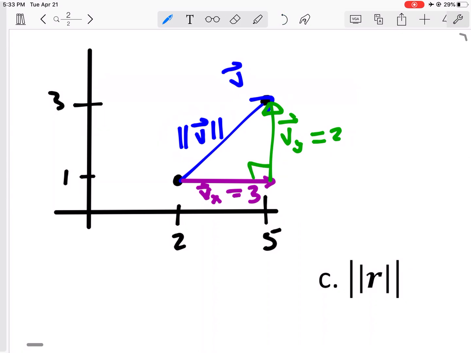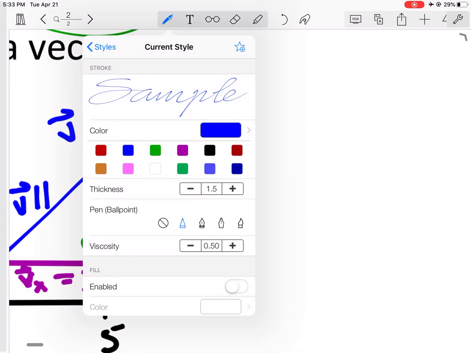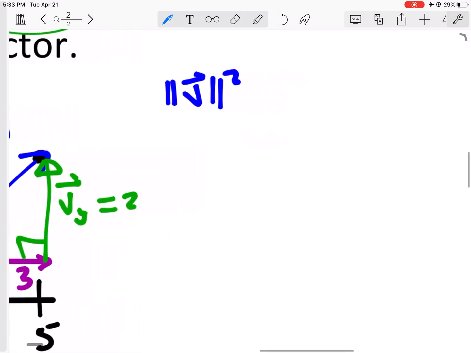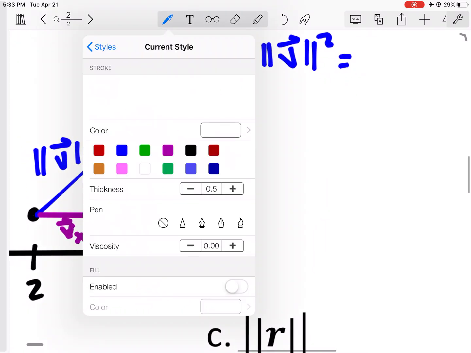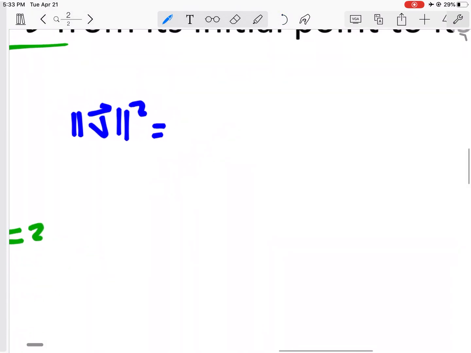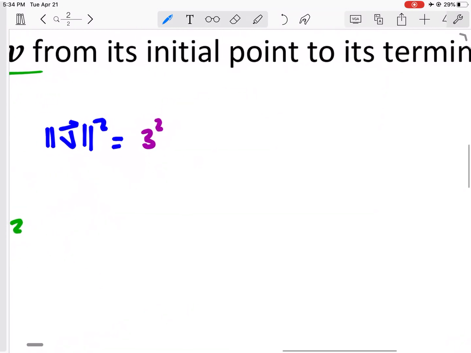On a right triangle, you can use the Pythagorean theorem, which says that the hypotenuse, which is the magnitude of the vector v, is equal to the horizontal component squared, 3 squared, plus the vertical component squared, plus 2 squared.